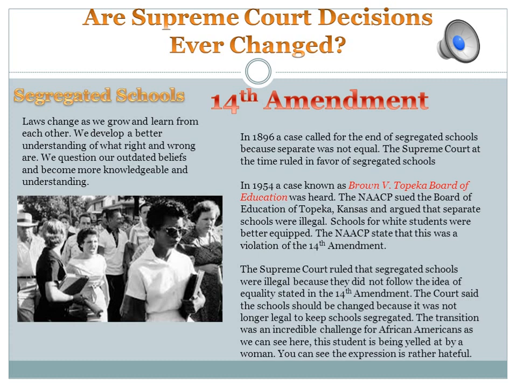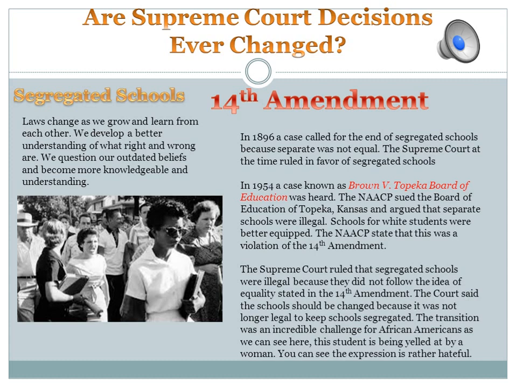So, the 14th Amendment. In 1896, a case called for the end of segregated schools, and again I'm reviewing, the Supreme Court at the time ruled in favor. Finally, years later in 1954, now this is, remember, we just switched over to a new Chief Justice who was more of a judicial activist, okay? So they're more prepared now after the conservatism of the 50s.